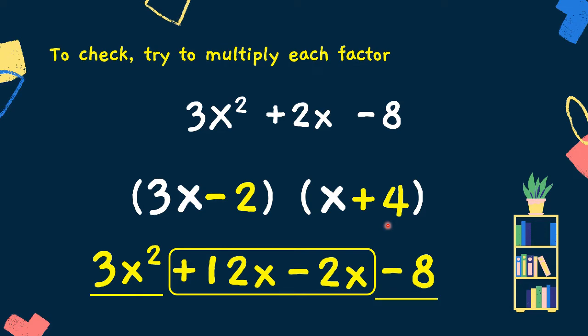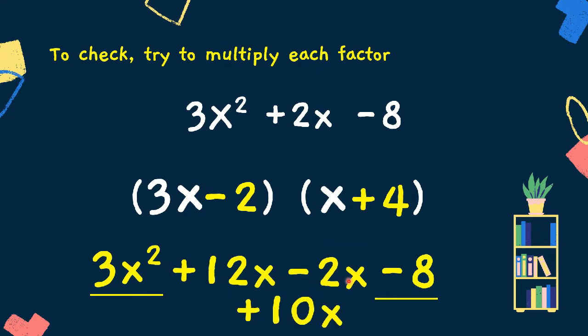Next, we will combine like terms. Since they are like terms, we can simplify this too. So 12x minus 2x is equal to positive 10x. Notice that positive 10x does not match our given polynomial, so it is not equal to the second term of the given polynomial.